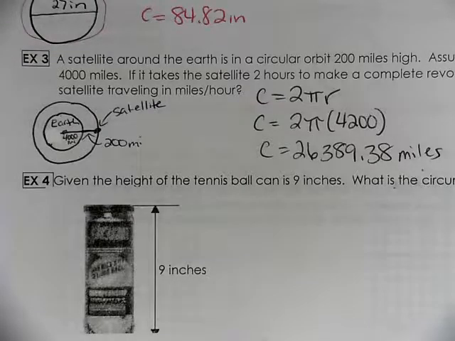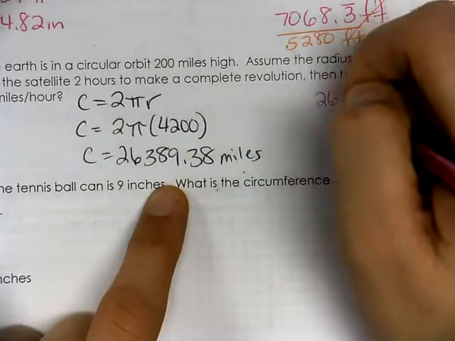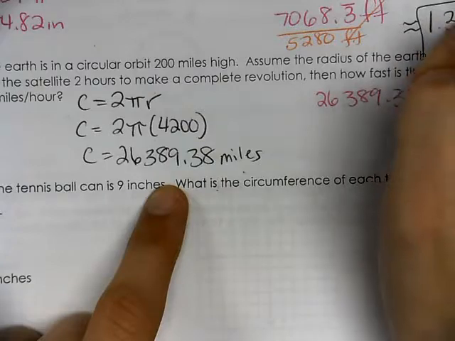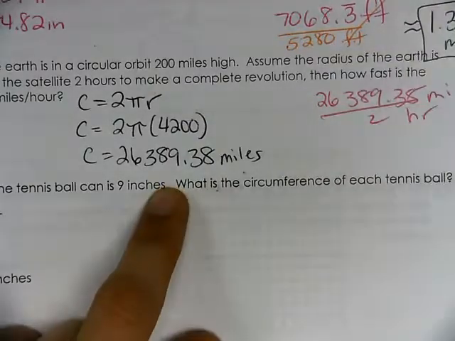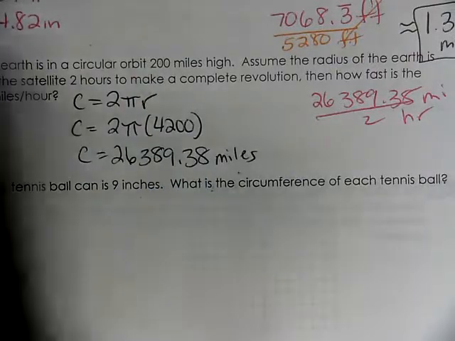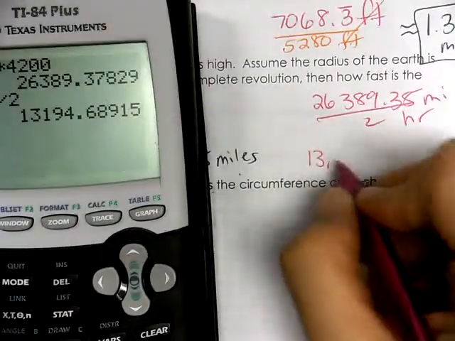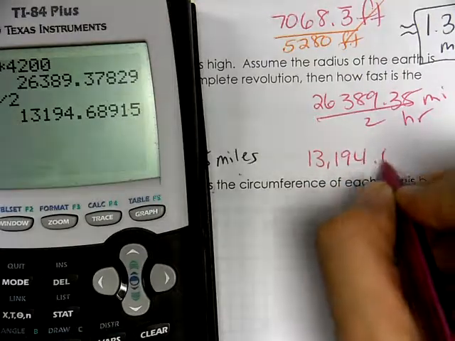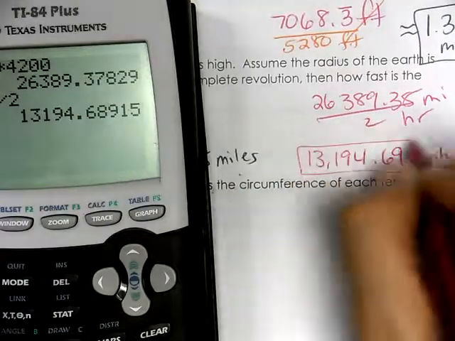So if I want miles per hour, I'm going to take this number and divide it by 2. That'll give me miles per hour. So the satellite's going 13,194.69 miles per hour.